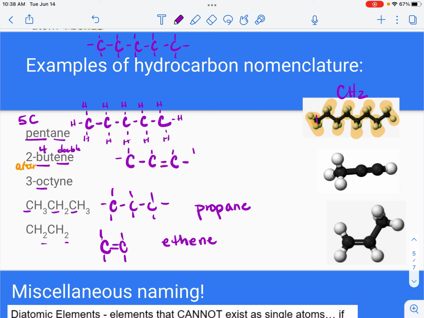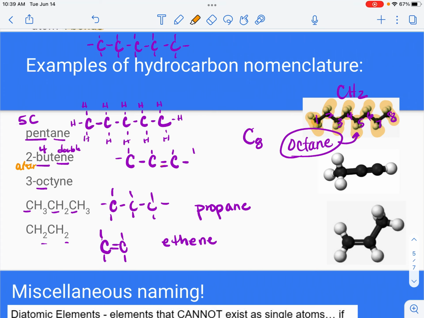So I can literally go 1, 2, 3, 4, 5, 6, 7, 8. This is 8 carbon. And I can count all those hydrogens if I want, but because they're all single bonds, I know now that this is octane. Okay? And that would help me with that.